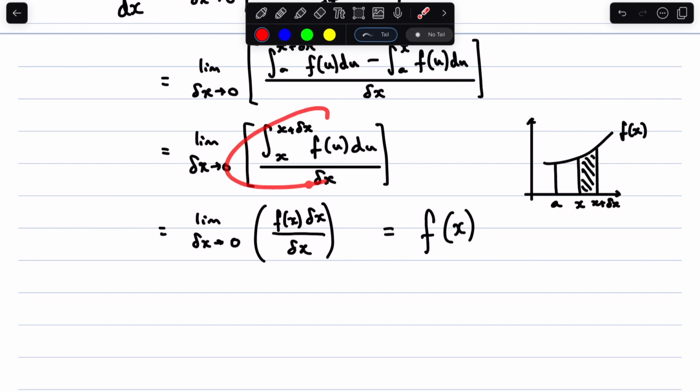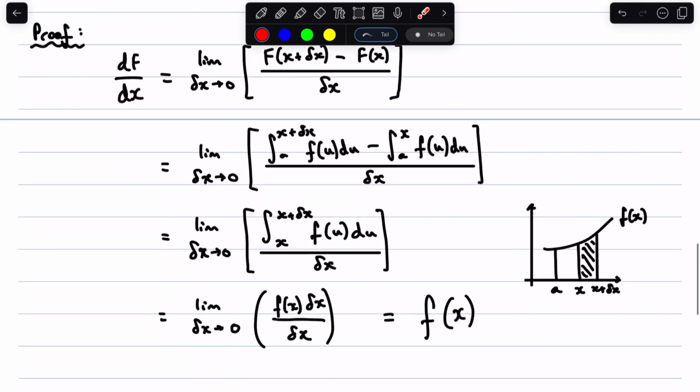And so this integral will just become from x to x in a sense, and so we can just write f of x and then times by our distance across delta x, because as you get smaller and smaller, you're not going to have any dependency on the function in terms of delta x. It's just going to be a small distance, and so you can just multiply the two, and then we're still dividing by delta x. And so what happens is those will cancel, and we're just left with f of x in the limit as delta x tends to 0.